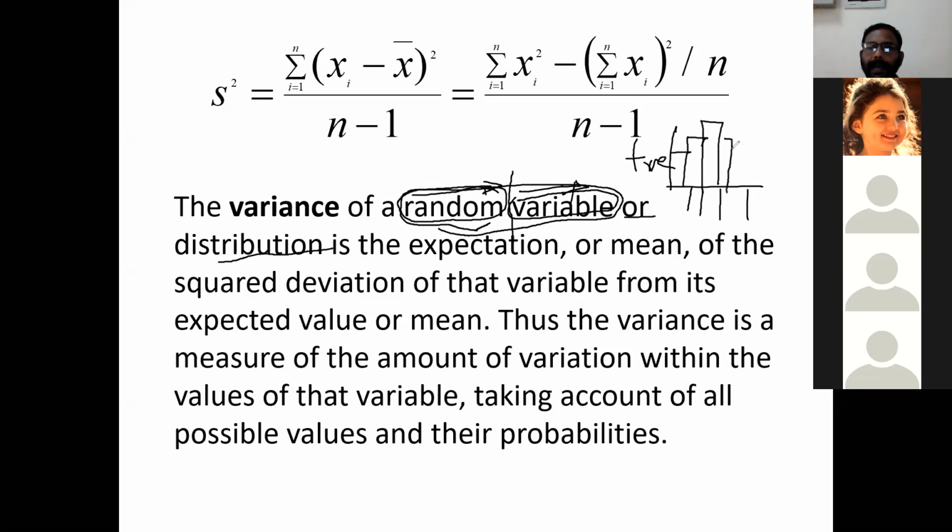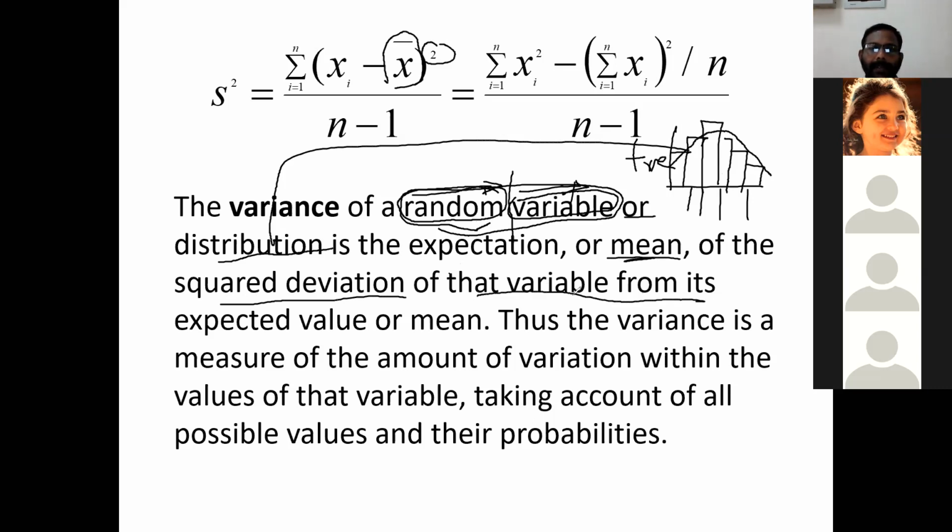If you draw simple bar charts and connect all the middle points, this is called a distribution. The variance is the expectation or mean of the squared deviation, which we have already talked about: the deviation of that variable from its expected value or the mean value, which is x bar.